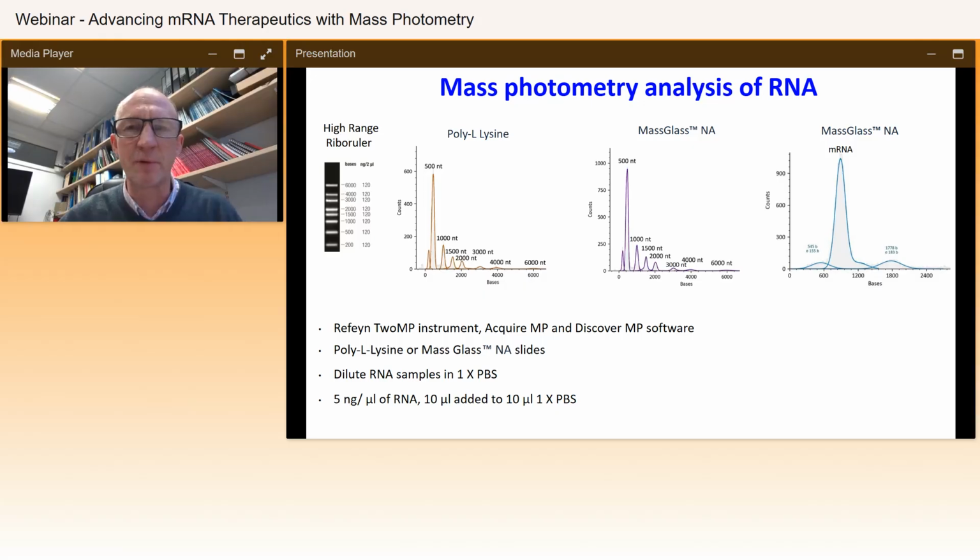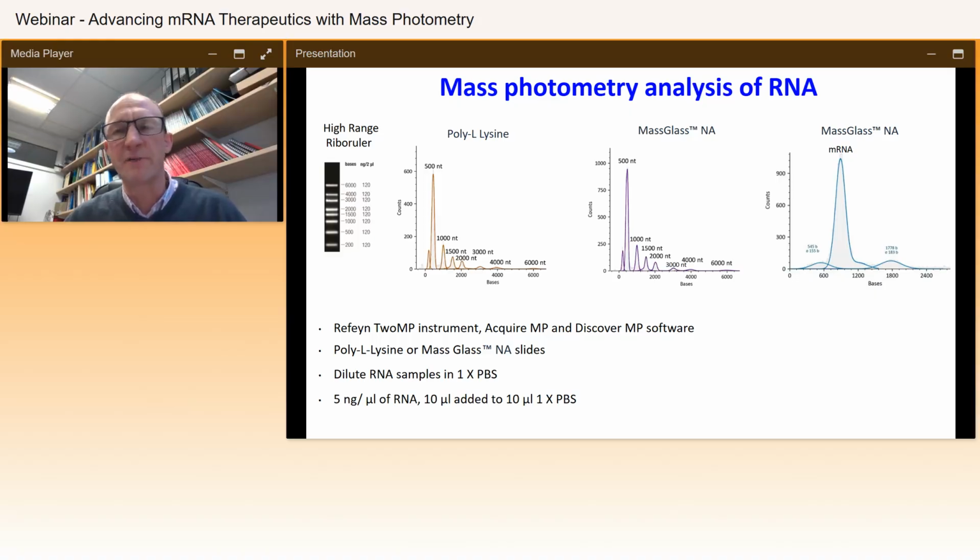Here are some examples of the typical RNA data that we get using the mass photometry instrument. The first case is a standard RNA ladder where each of the RNA molecules is between 200 and 6,000 nucleotides in length.